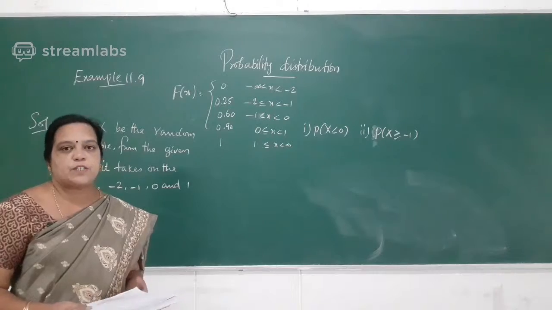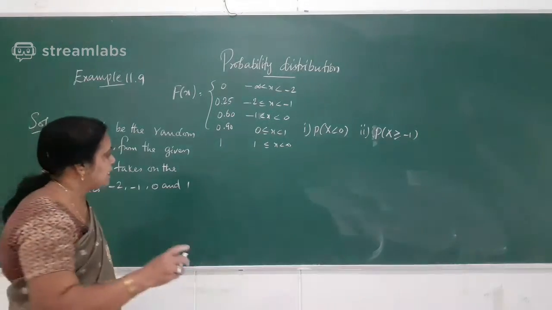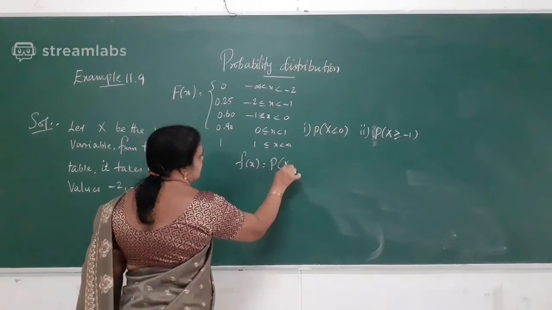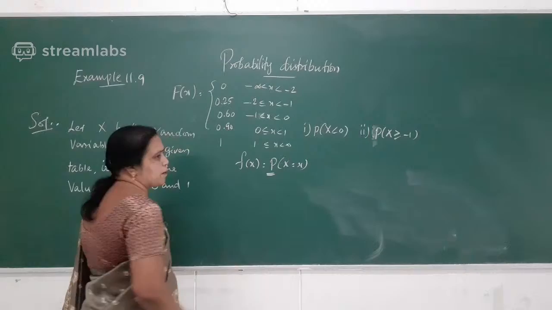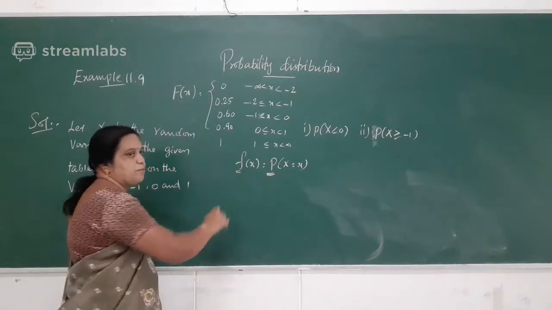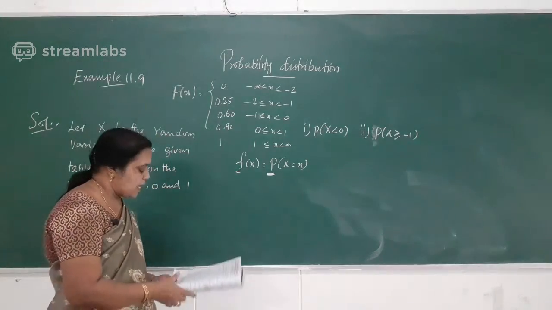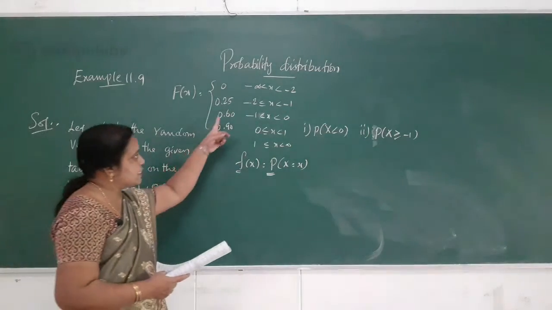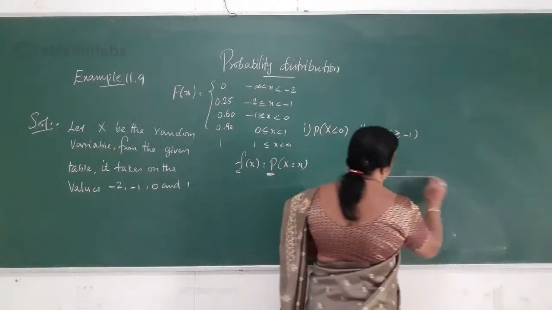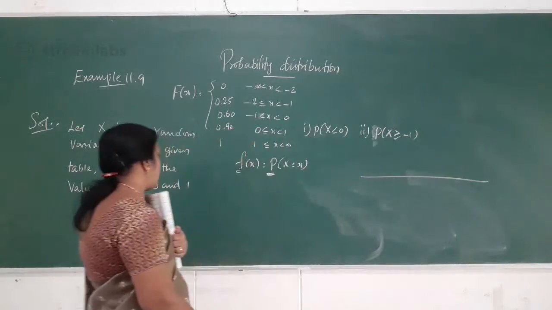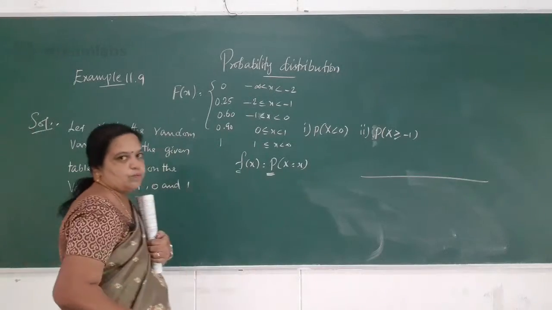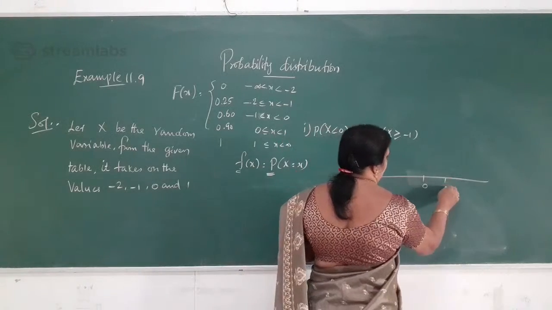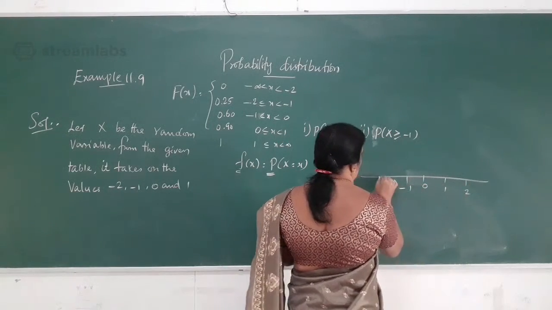Probability mass function means f of x is equal to P of X is equal to x. This P is known as the probability function and this f is known as the frequency function, already we have seen. Therefore, draw one number line and plot the discrete random values: 0, 1, 2, minus 1, minus 2.